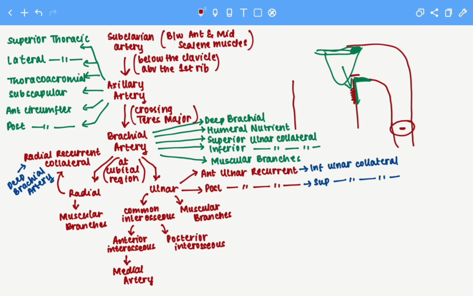Two important arteries are the nutrient artery of the radius and the nutrient artery of the ulna. The nutrient artery of the ulna arises directly from the ulnar artery. The nutrient artery of the radius arises from the anterior interosseous artery.